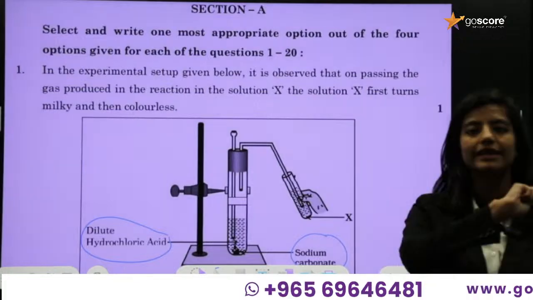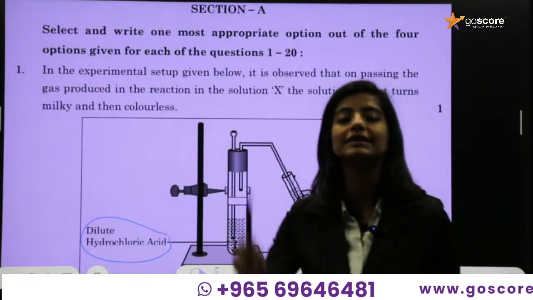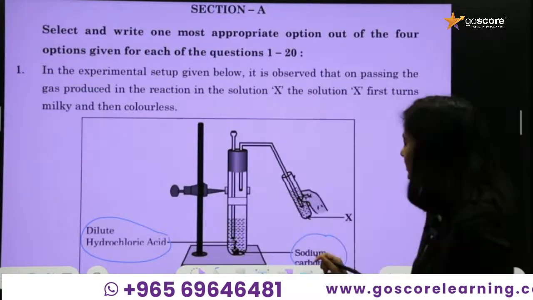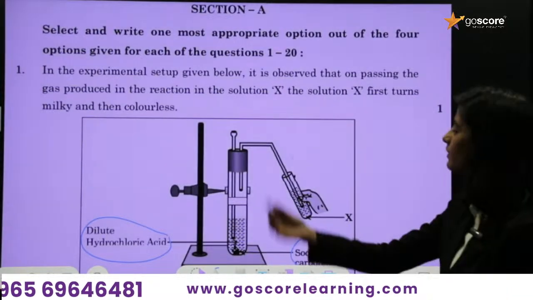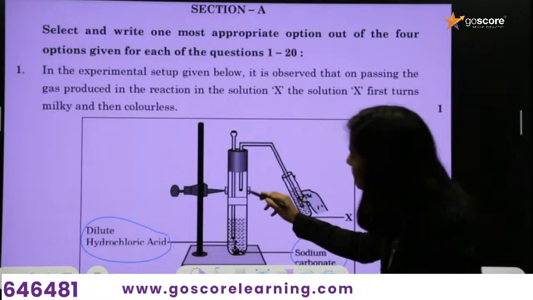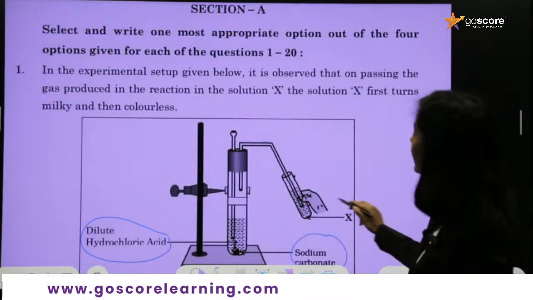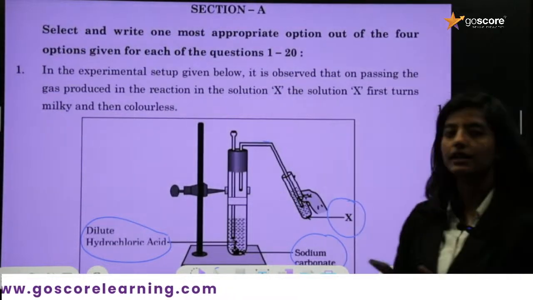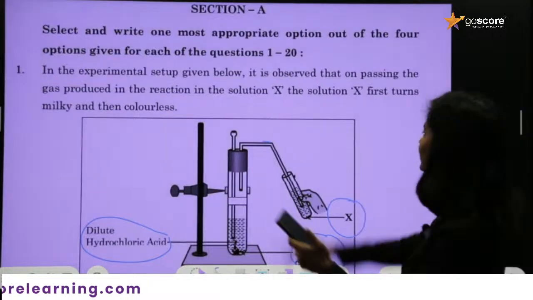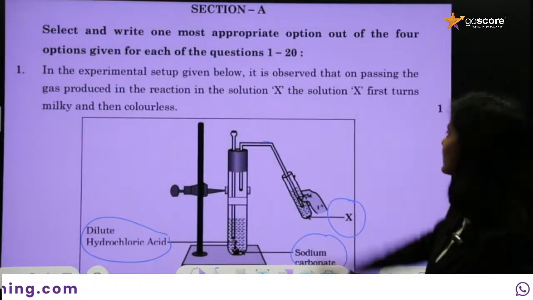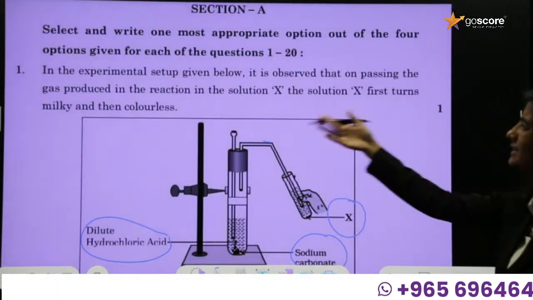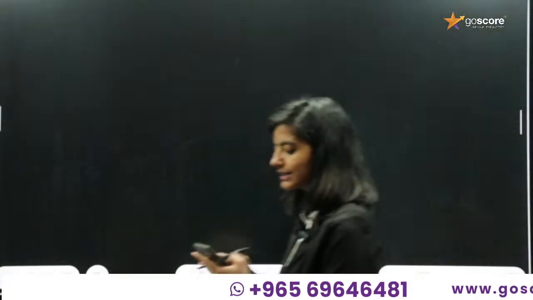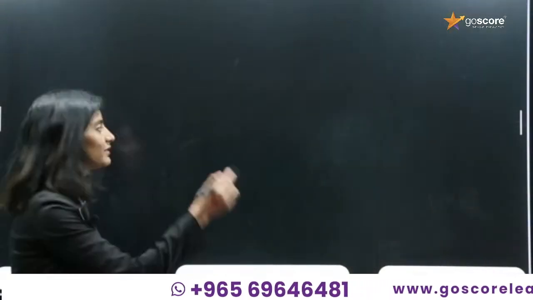First you should know what reaction happens between the sodium carbonate and the dilute hydrochloric acid, and there will be a gas produced, and I'm passing that gas through a liquid X. That is the experimental setup, and you have to find X and what is going to happen there, and it turns milky.